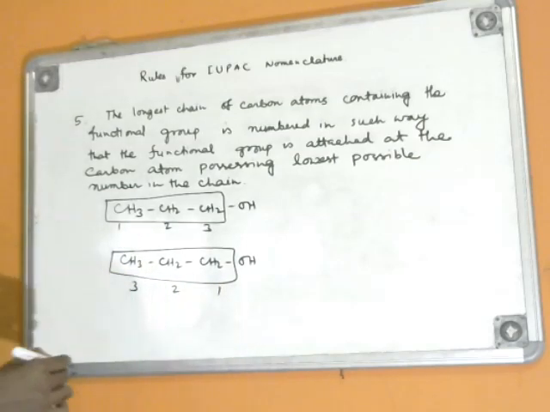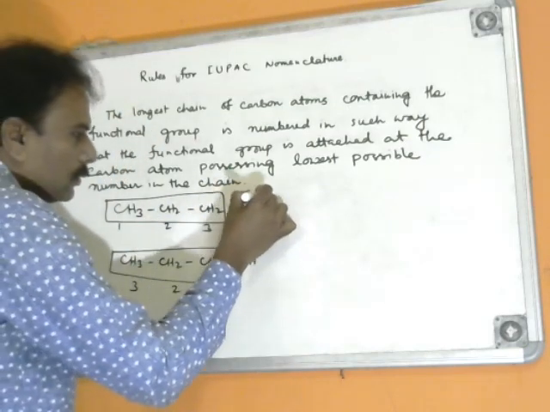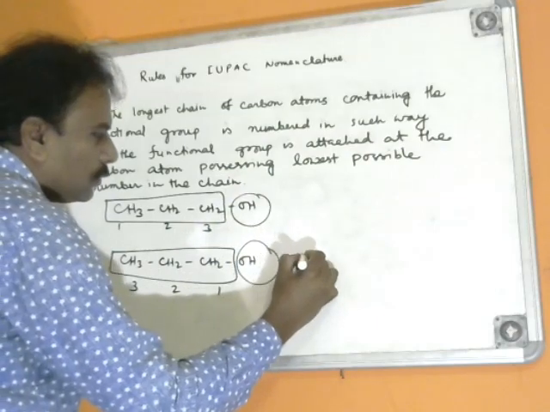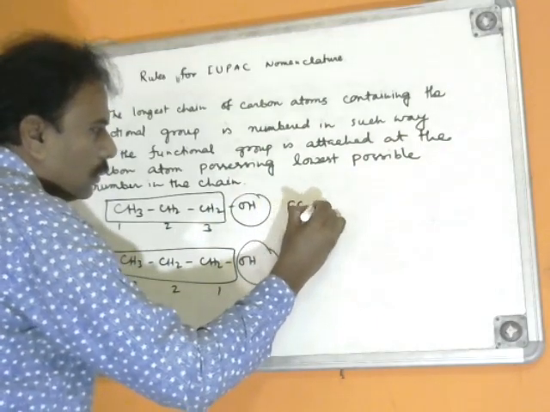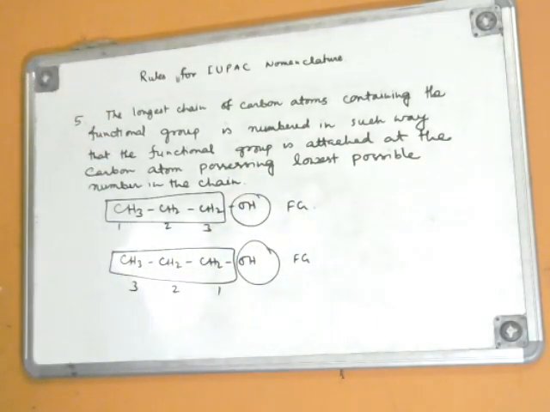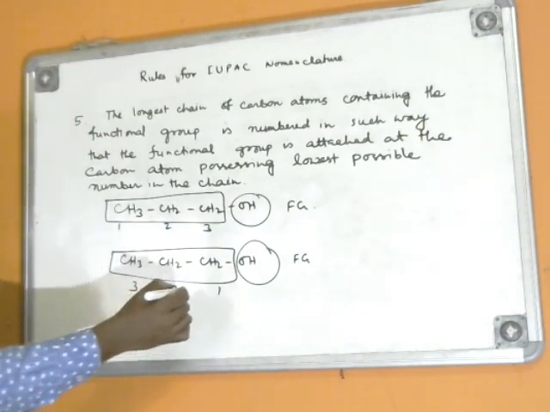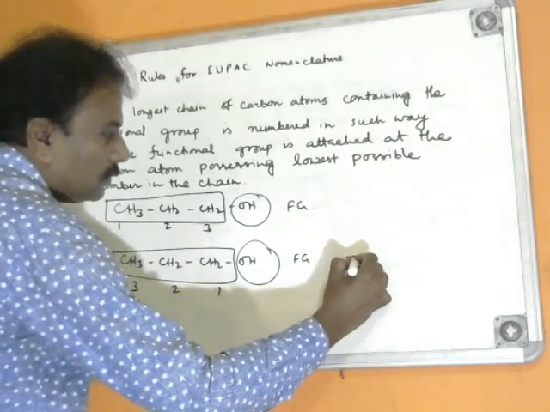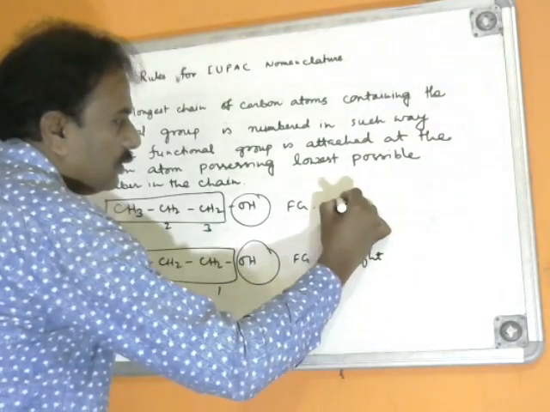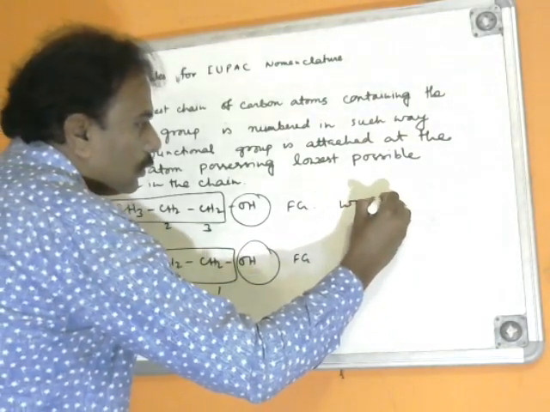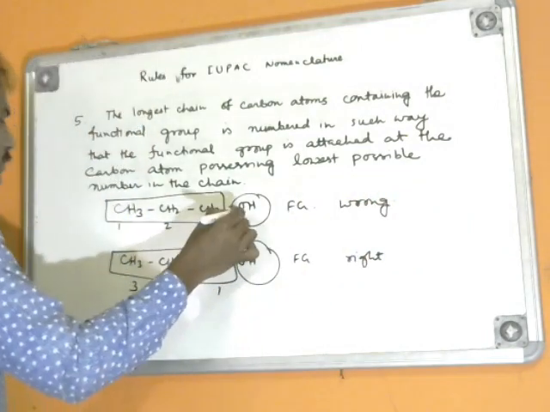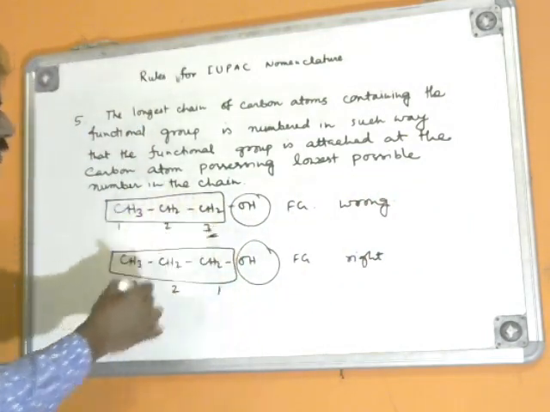So according to our fifth rule, this is the functional group. So the functional group must always get the lowest possible number. So this is the right methodology and this is wrong, because here the functional group is attached to the third carbon.